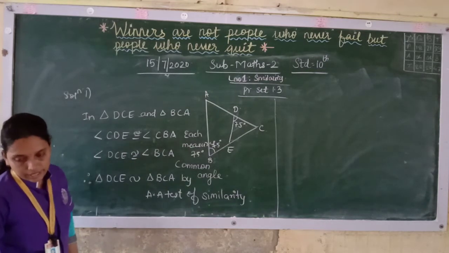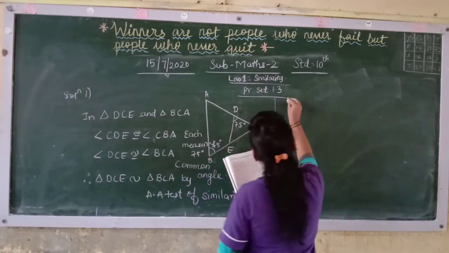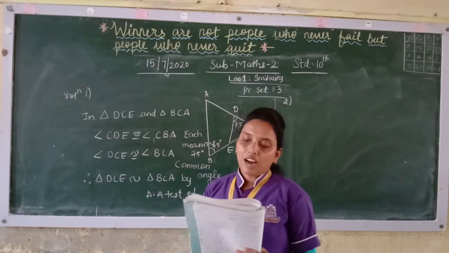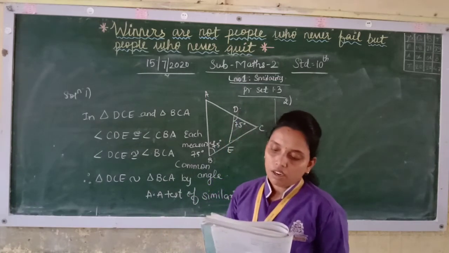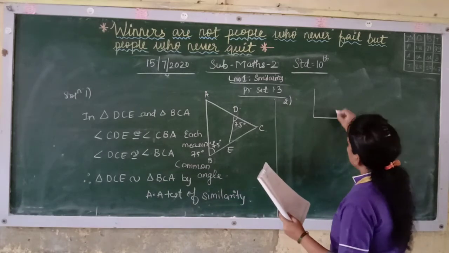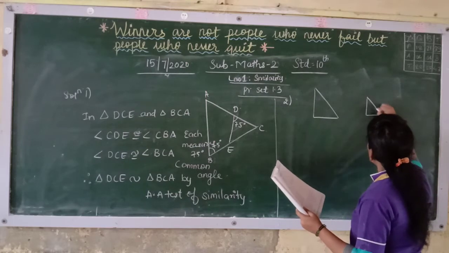Now we'll see the second one. Now see, the second question is, are the triangles similar? If yes, by which test? Now the triangles here are, one is big and one is small.